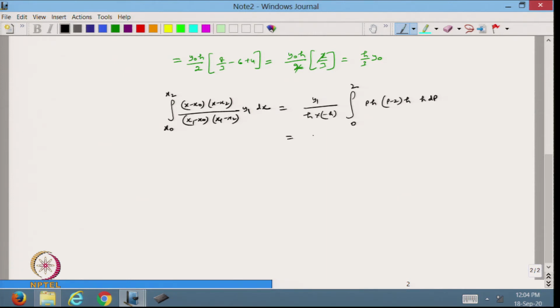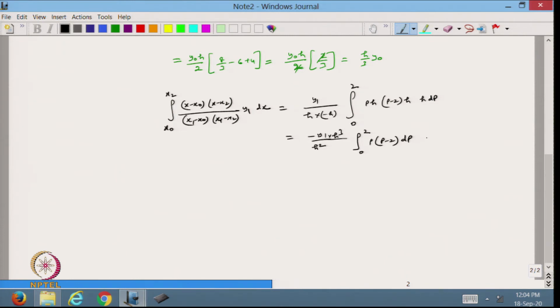So, I will get minus y1 over h square, and h will come common, multiplied by h cube, from 0 to 2, p(p minus 2) dp. This is the integration we are going to get.